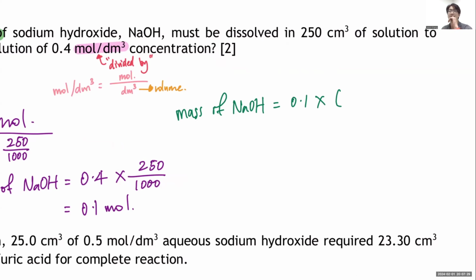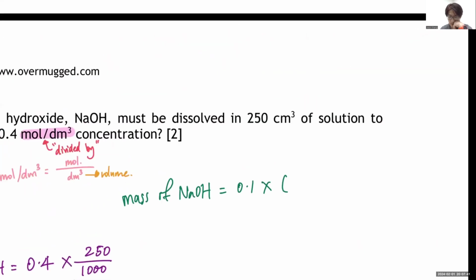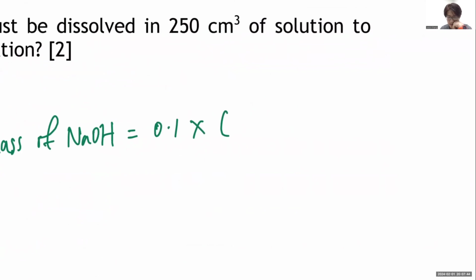Which triangle do we use? Okay, flip this one. Don't flip. That's it. So 0.1 times M out of NaOH. 23, 16, 1. Come, tell me.